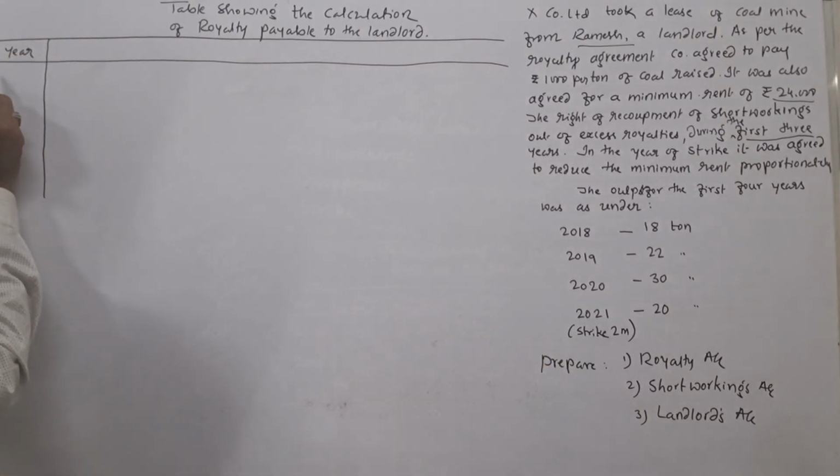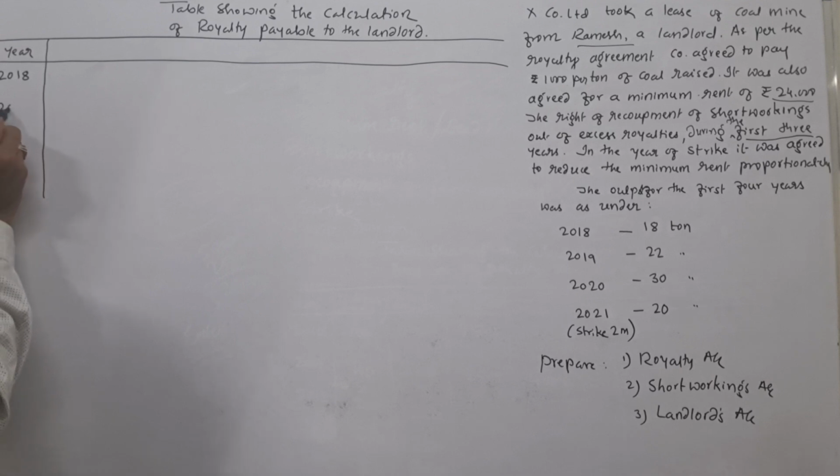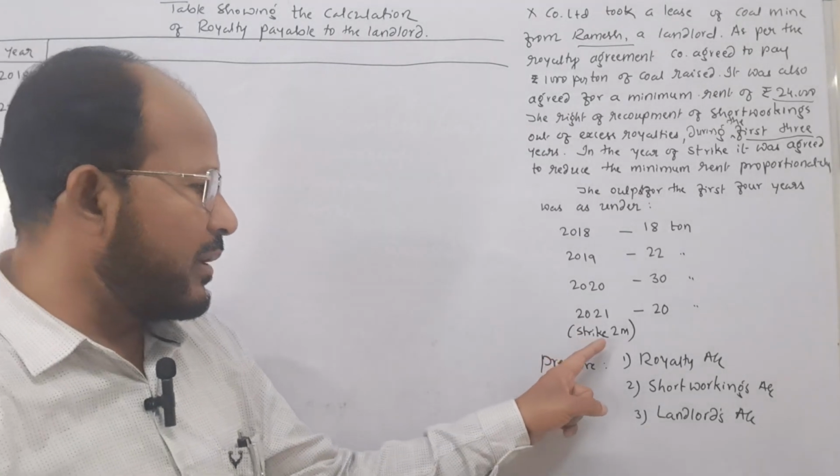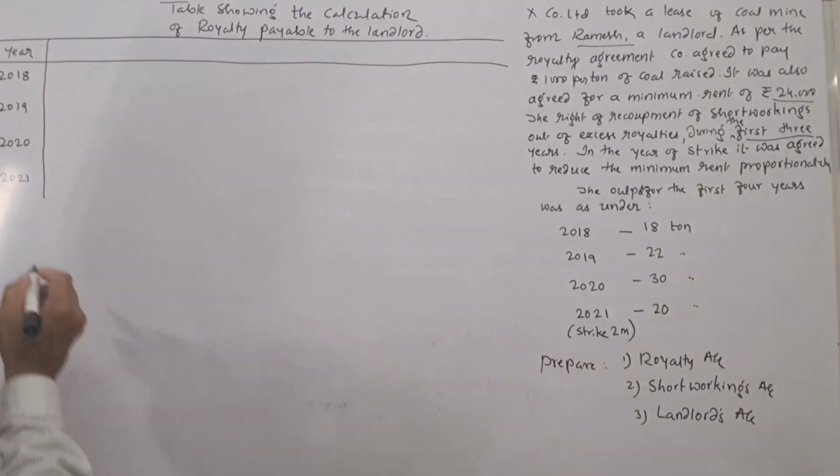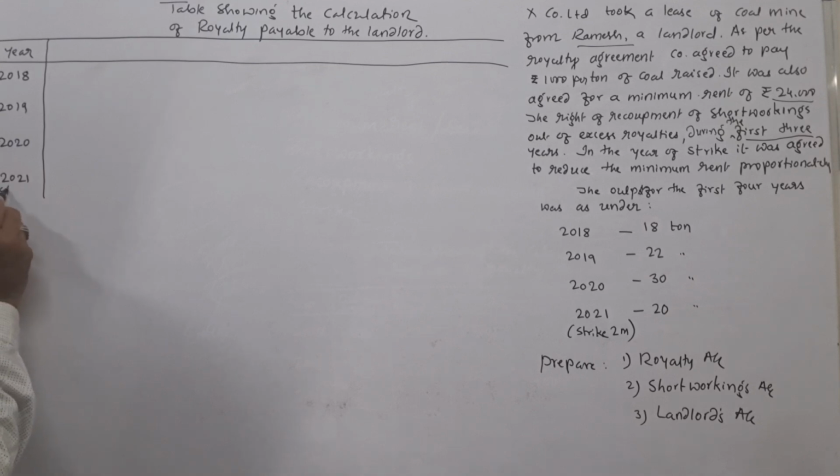Okay, fine. We'll write here 2018. Next one is 2019. Next 2020, 2021. See, in the year 2021, there was a strike for 2 months. Therefore, here I write strike for 2 months.